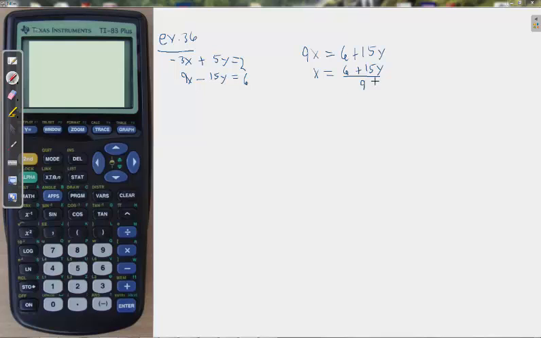So, reduce everything by 3. 2/3 plus 5/3 y. Might as well just be 2 plus 5y over 3, but oh well.